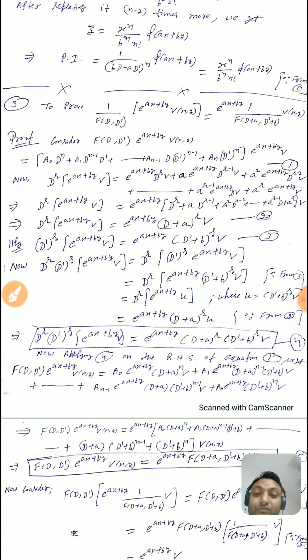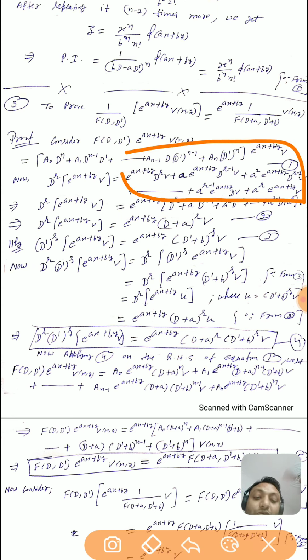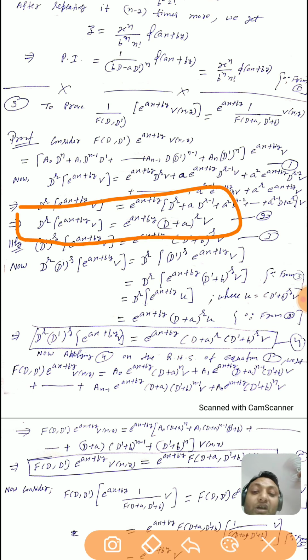Similarly, we can take e power ax plus by common from each term, so we finally get the simplified form, that is, d power r operating on e power ax plus by into b gives e power ax plus by outside, and d is replaced by d plus a: d power r of e power ax plus by into b is equal to e power ax plus by into d plus a power r into b.